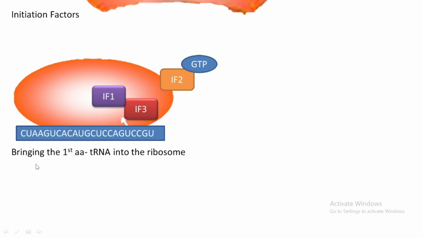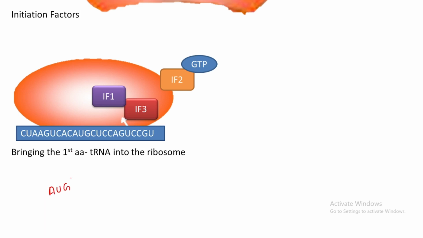Next is how the first amino acid tRNA comes and attaches with the ribosome, which I am going to explain. As this first tRNA comes and binds with the ribosome, it needs to pair with the initiation codon. And the initiation codon, we know, is nothing other than AUG.